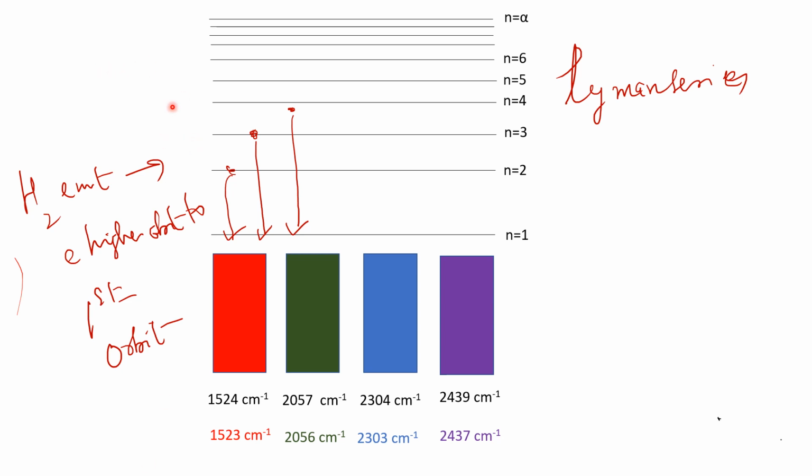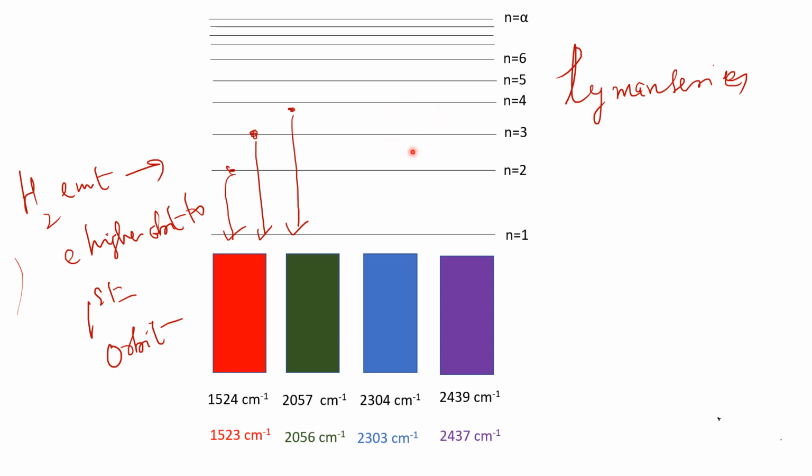So whatever lines the hydrogen will emit when the electrons jump from higher orbits to the first orbit, you call them the lines which belong to the Lyman series.